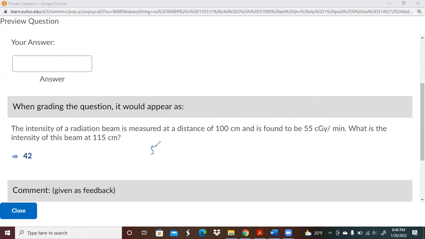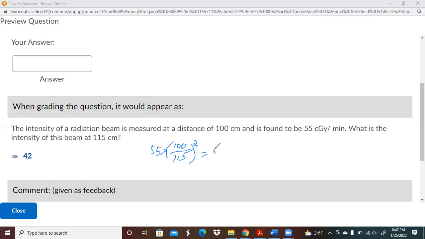Well, if we put 55 here and we multiply that by, sorry for the crude number drawing here, it's pretty bad, 100 over 115, and we take that and we square it because it's subject to the inverse square law.